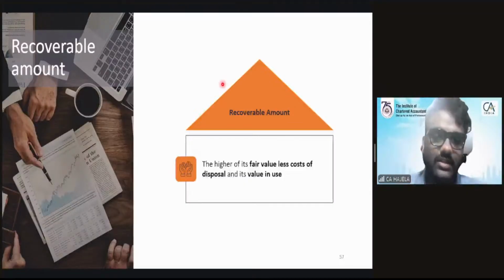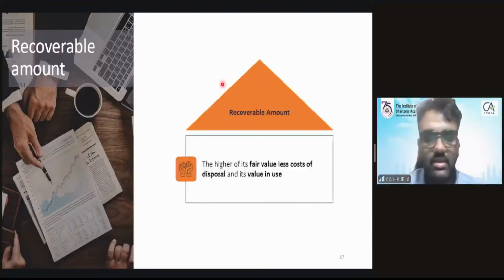The disclosures will state the reason that this asset is impaired by this amount owing to changes in government regulation and policies. So this will all be disclosed, but the process of impairment loss will be the same as for any other case.